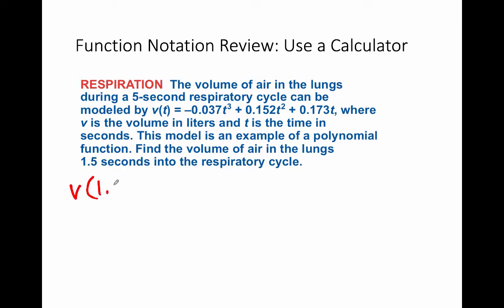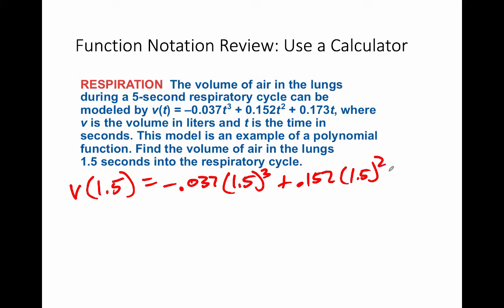So volume at 1.5 is equal to -0.037 times 1.5 cubed plus 0.152 times 1.5 squared plus 0.173 times 1.5. So we're just going to plug and chug, but we really kind of want to know what is our answer here. So again, remember, this is the input, and now this will be the output.